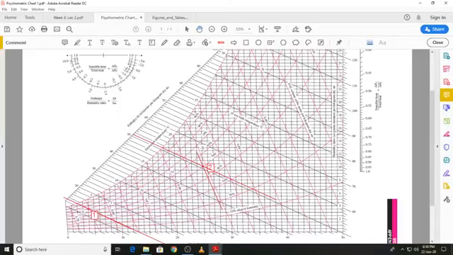The one that I'm drawing right now has a specific volume of 0.85, and this one over here is 0.86. So we are around the 0.858 meter cube per kilogram dry air mark. That will be the specific volume at state 2.